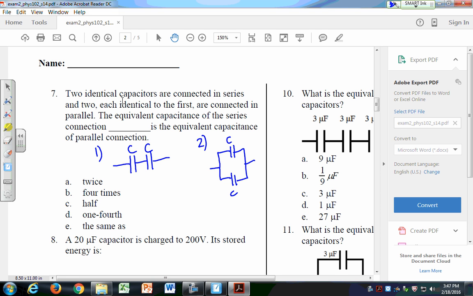You might want to sketch it out and think about what this is. This is spring 14. Yeah, this is a good test.